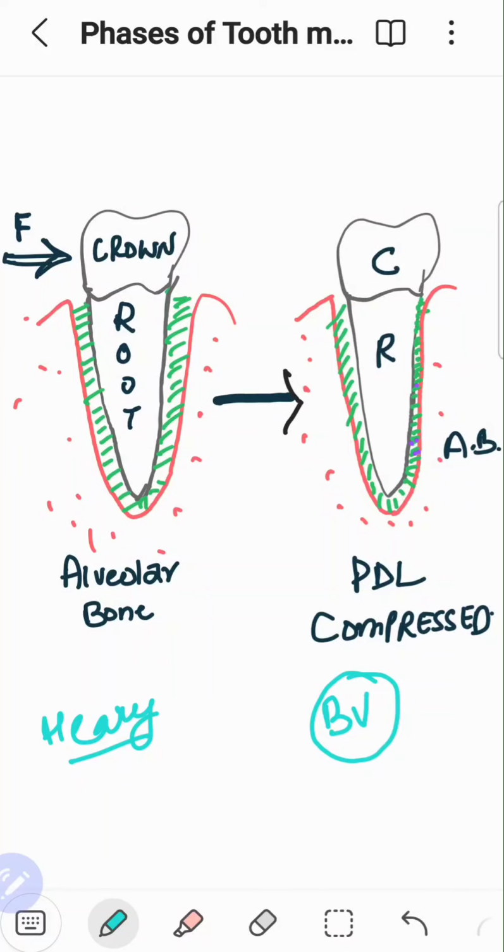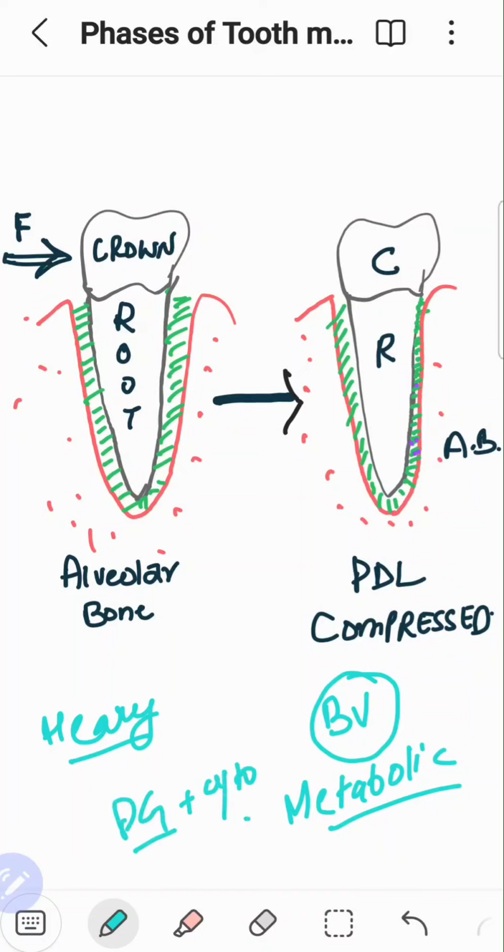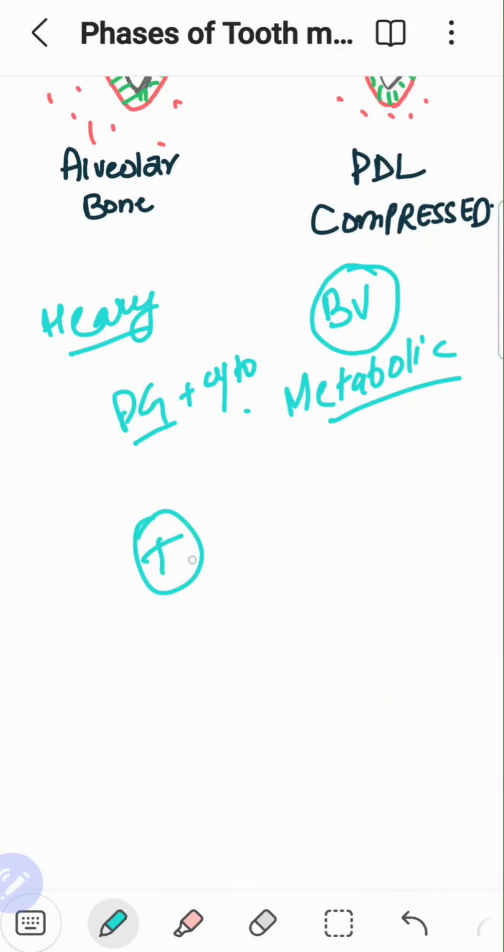And there is a certain set of metabolic changes which can be seen in this stage. These may include prostaglandin release or cytokines, which can be released in this phase, which ultimately leads to cellular differentiation within the PDL itself.